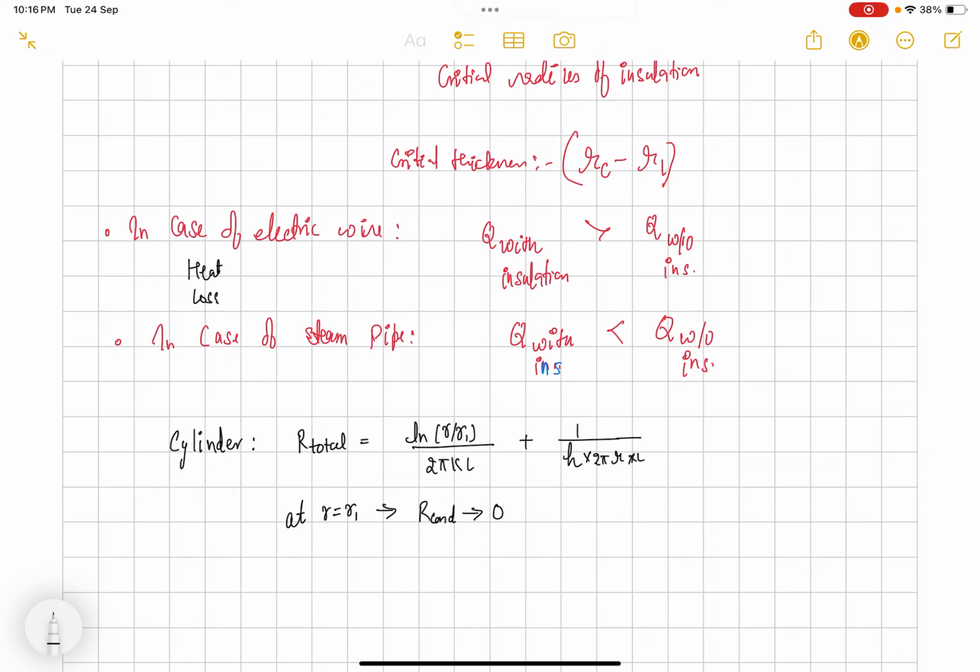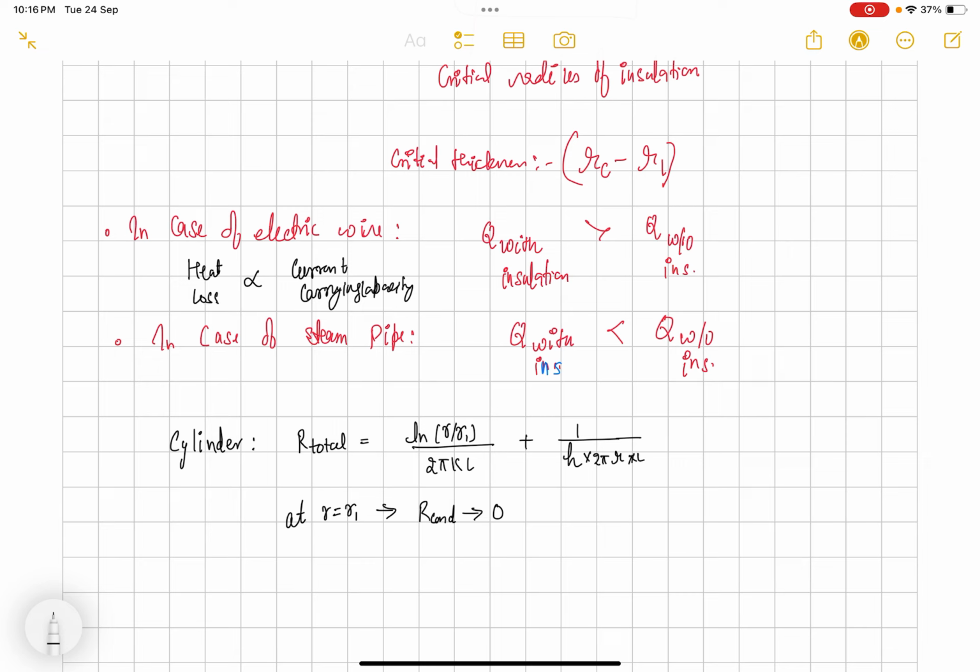The higher the heat loss in an electric wire, the higher will be its current carrying capacity. So we insulate them so that heat loss increases and they can carry more current from the power supply.